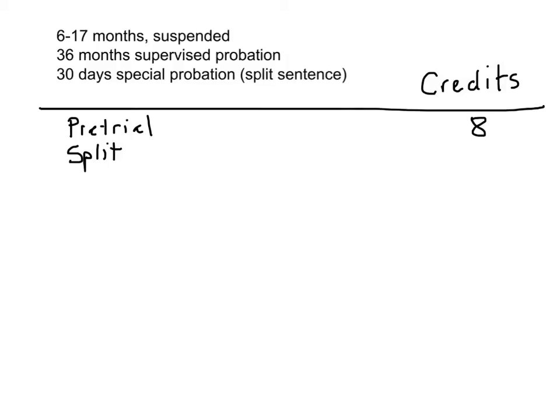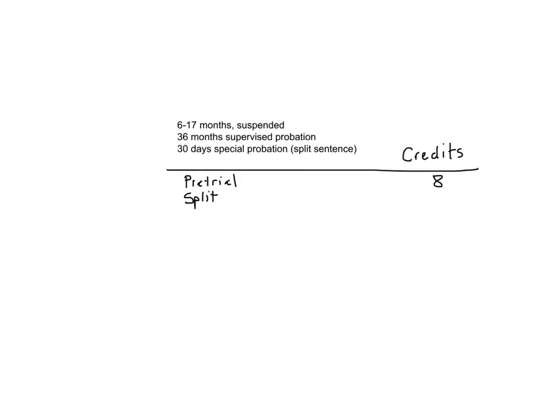This would be the first decision point for the judge to decide whether that 8 days of pretrial confinement will apply to the split or whether the judge would hold that time in the bank to be applied only in the event of revocation. And you can see that choice reflected in the judgment form.